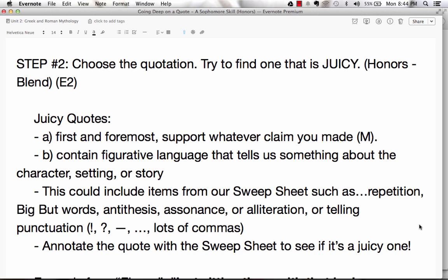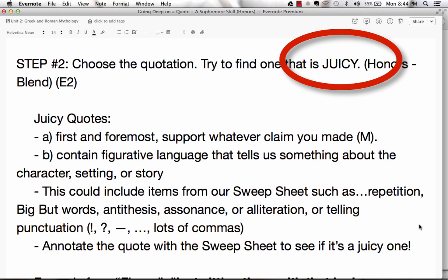Okay, so once we have our claim, step number 2 is for us to choose the quote. The thing is, though, we want to find a quote that's juicy. We don't just want any quote. We want a good quote. So how do we find a good, juicy quote?